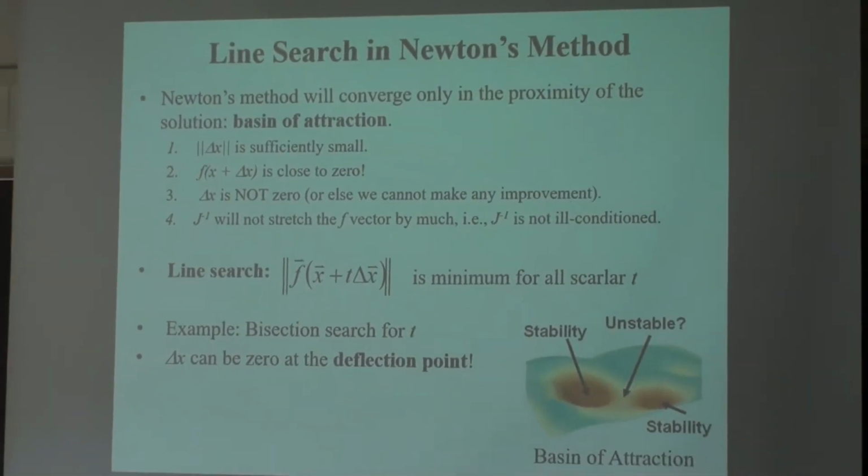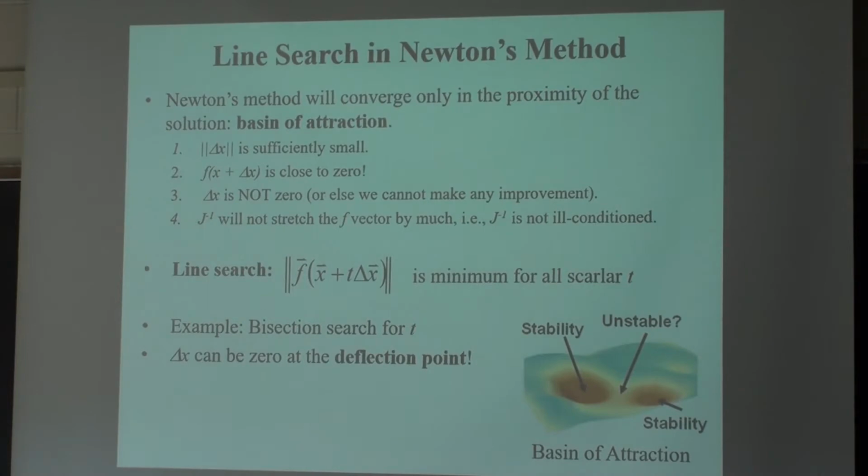And the penalty is that each time you want to know what is the better t, you have to evaluate f. You are not evaluating the Jacobian. This is worth it if the evaluation of the Jacobian is much more expensive than the evaluation of f.